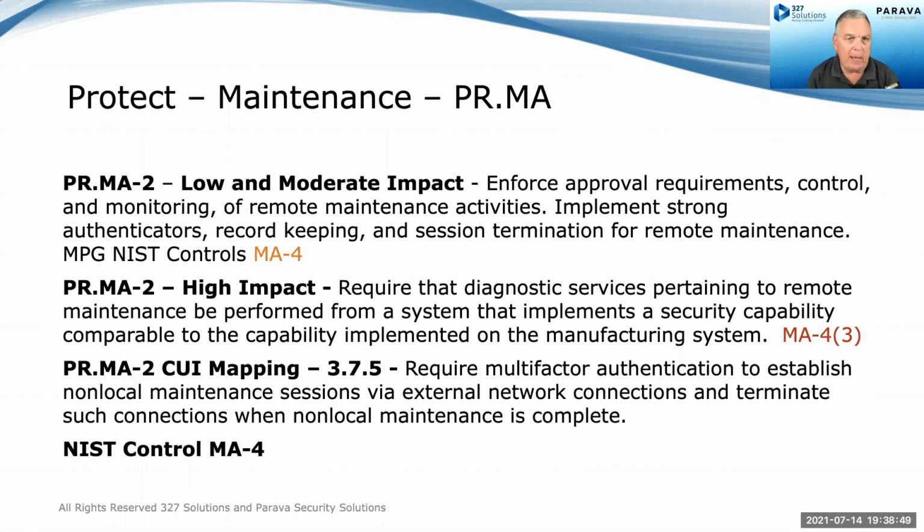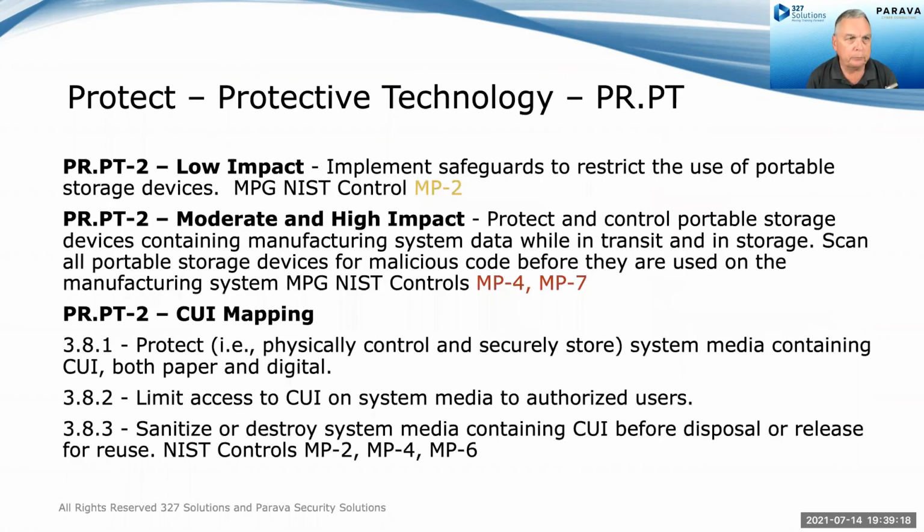For a high impact system, you're going to be implementing a diagnostic service pertaining to the remote maintenance that can be performed from a system that implements a security capability comparable to the capability implemented on the manufacturing system. The CUI equivalent simply states to require multi-factor authentication to establish non-local maintenance sessions. Again, the lack of specificity is an issue.